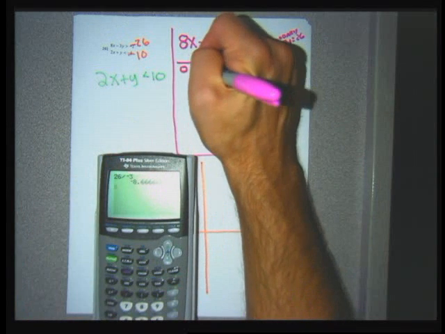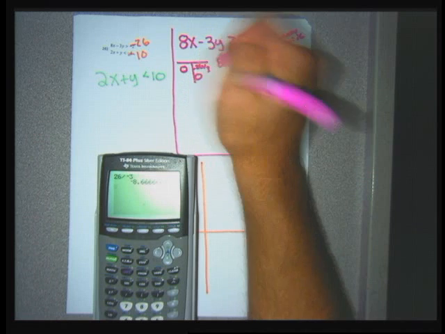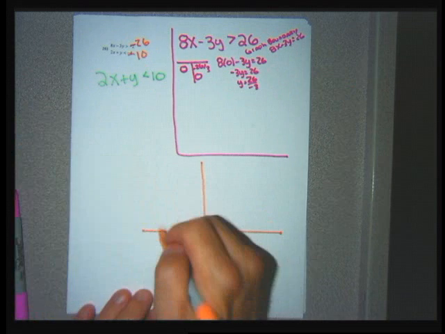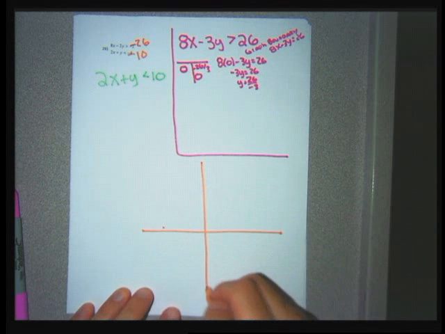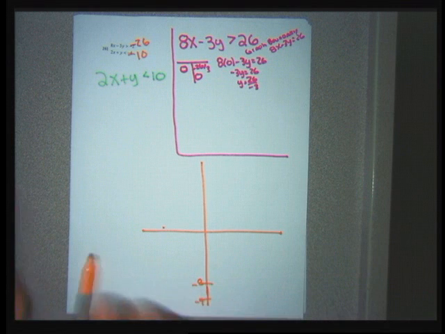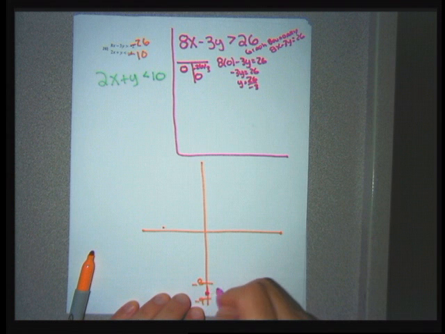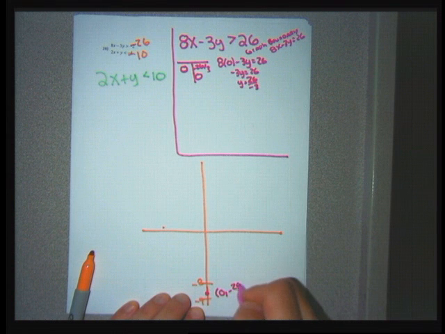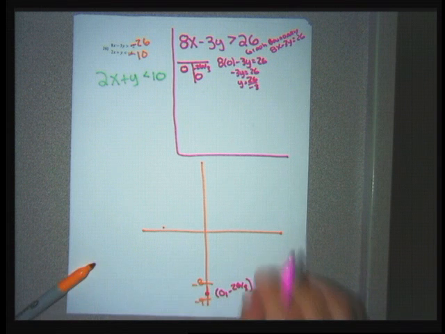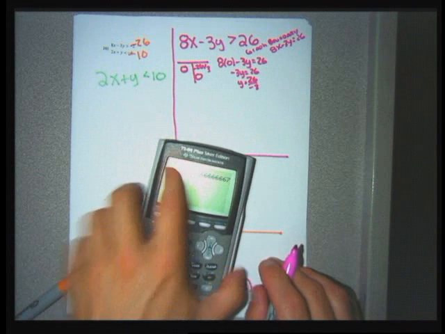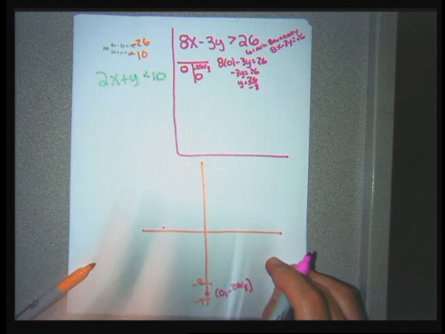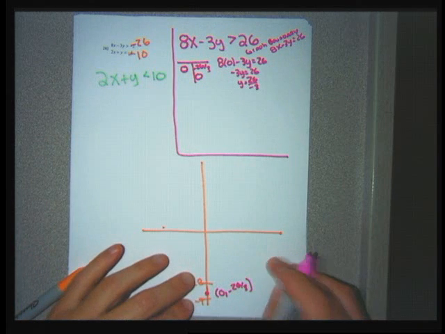So when I go to graph this, because it's negative 8.66, on my axes, I have negative 8, then negative 9, and this point right here, negative 8.66, this is going to be the point 0, negative 26 over 3. Sorry for the fraction there, but I needed to have a decimal idea of what that fraction was, which was negative 8.66, and when I plotted that point, because it's a y-intercept, I plotted it in between, closer to negative 9 than negative 8.